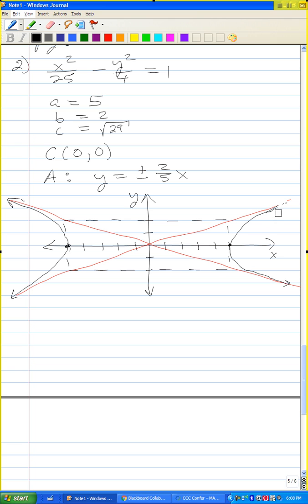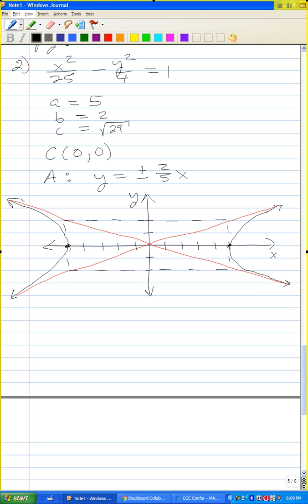Okay, forget this. Let me just do an arrow. See, I was able to do an arrow. There are quite a few limitations on the drawing on this tablet. One of them is going towards the edge. So those are my asymptotes.